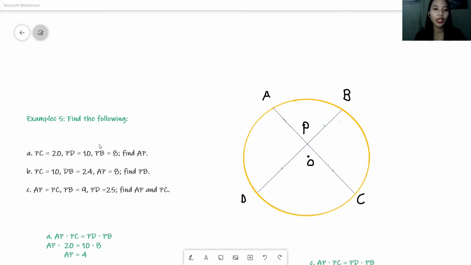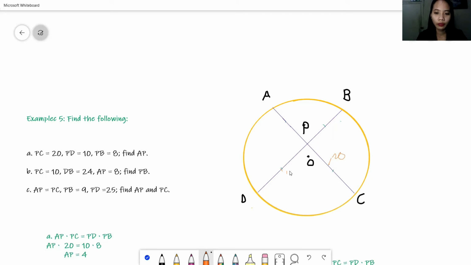So in problem A, we already have the value of line PC, which is 20. And then PD is 10, and PB is 8.